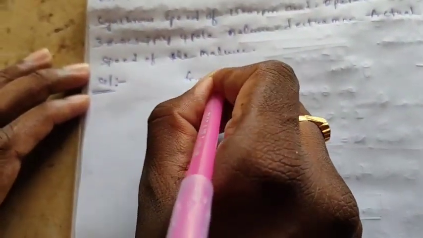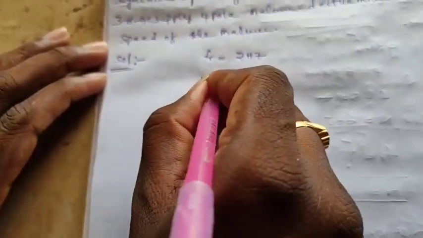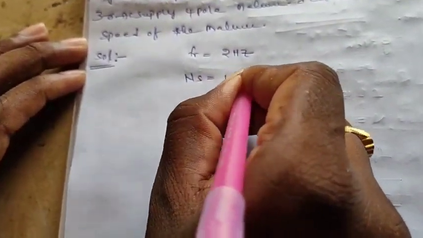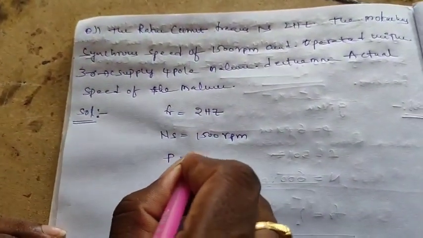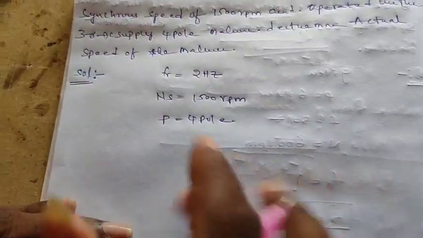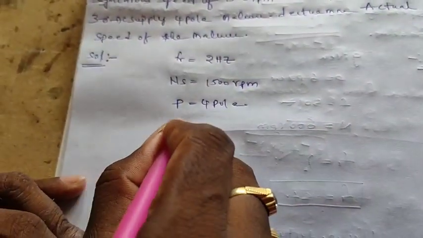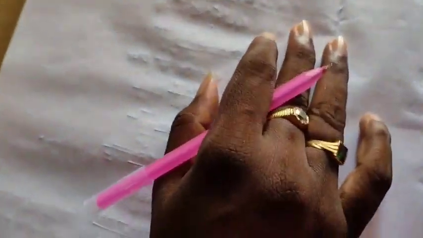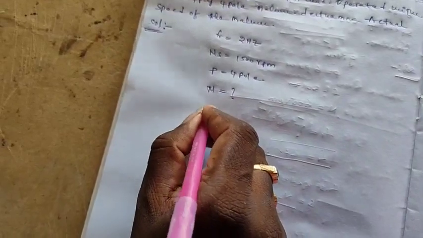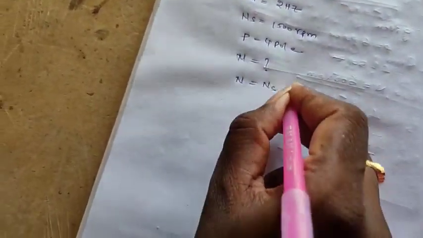Solution, what they given: Fr is equal to 2 Hz and synchronous speed Ns equal to 1500 rpm and 3-phase, number of poles equal to 4 pole, and determine n equal to how much. The formula for n equal to ns into 1 minus s.